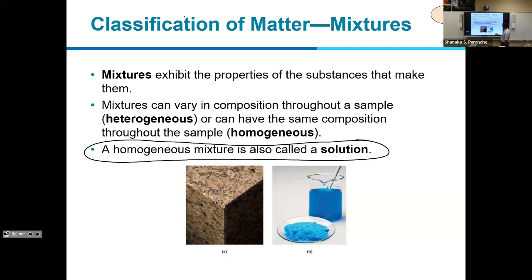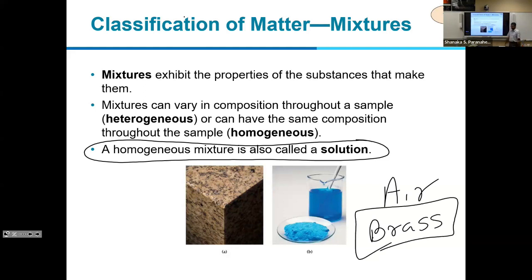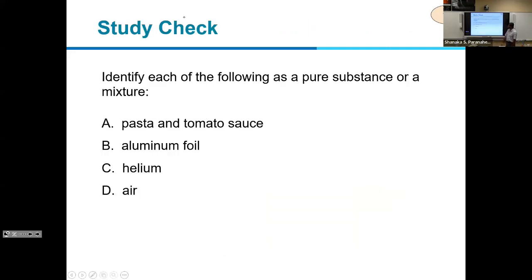Air is a solution, so this is a homogeneous mixture. And brass is solid, but it's a solution. It's made of copper and zinc, evenly distributed, so it's going to be a solid solution. We will talk about solutions again in chapter 4. That's a separate chapter related to solutions.